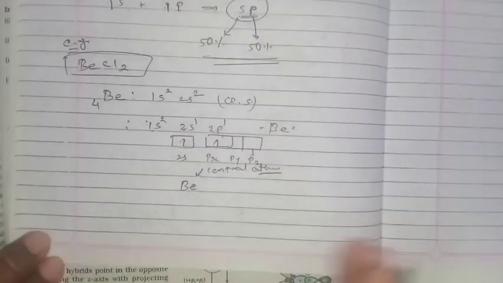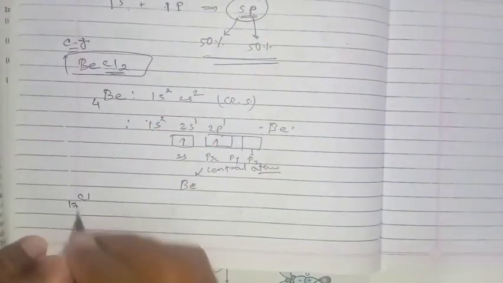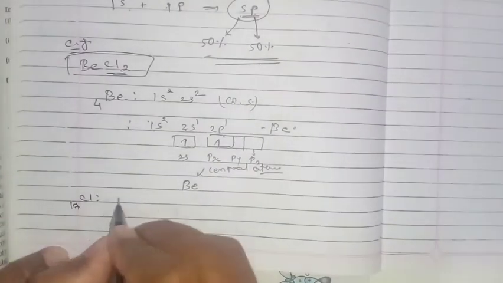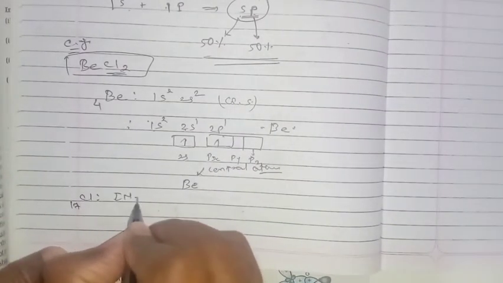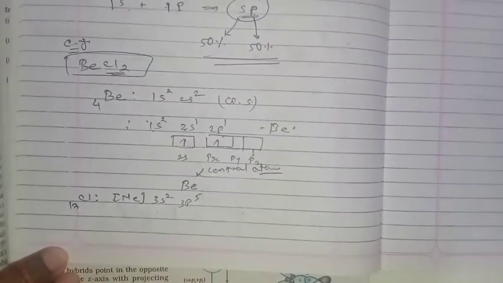Now for chlorine, the atomic number is 17. Its electronic configuration is neon 3s2 and 3p5.